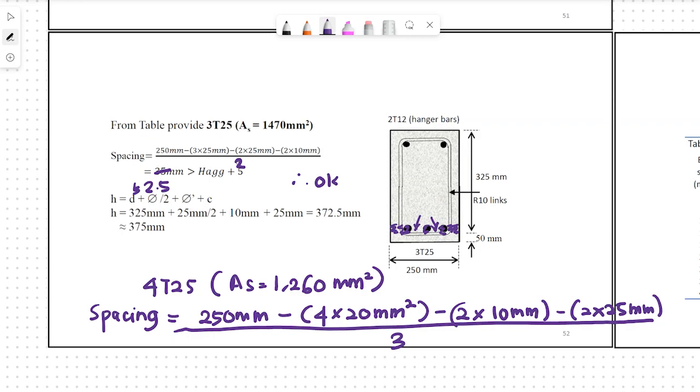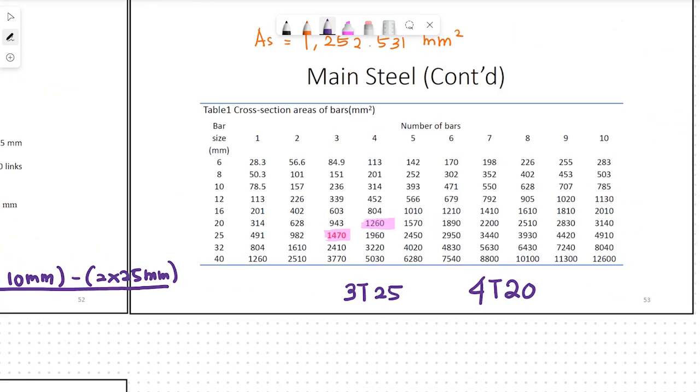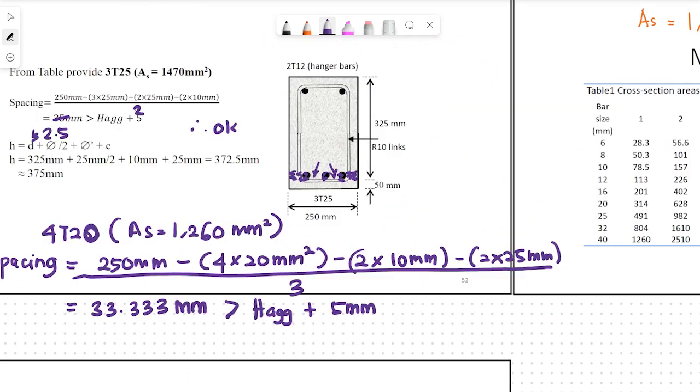If you use 4T20, you will get 33.333 mm. This is also bigger than the aggregate size plus 5 mm, which means this one is also okay. So there is no problem, you can take 4T20 or 3T25, up to you.